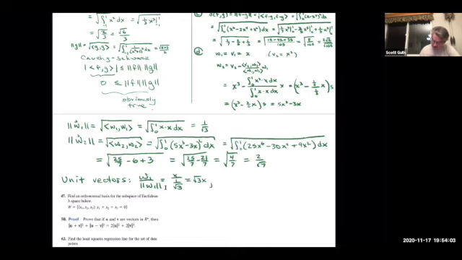And then the next one's going to be W2 over the norm or the magnitude of W2. So this would be, well, I'll just write root 7 over 2, and then we'll multiply by W2, which is 5x to the 3rd minus 3x. And I'm just going to leave it like that. That's fine.